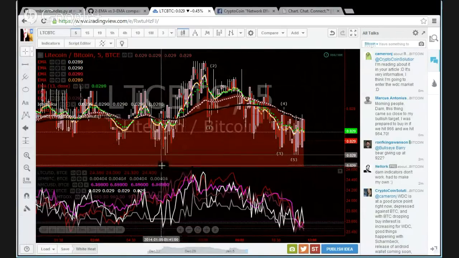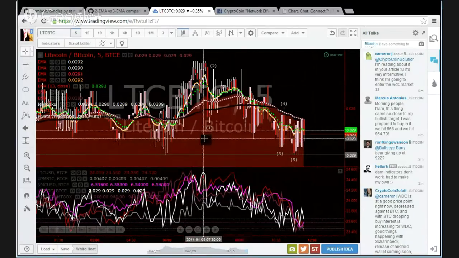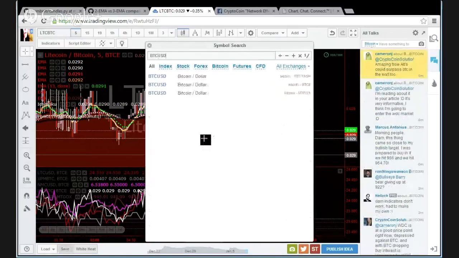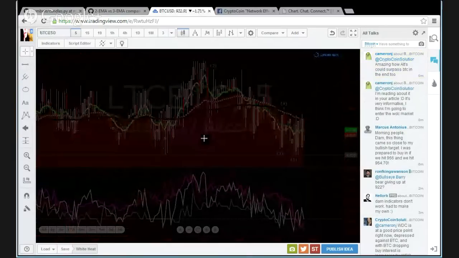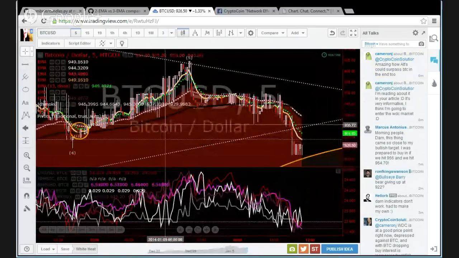And if we were to go in time to 5:55, go back over to the Bitcoin, the Mt. Gox pair, and see at 5:55 on the 5-minute what was going on there.